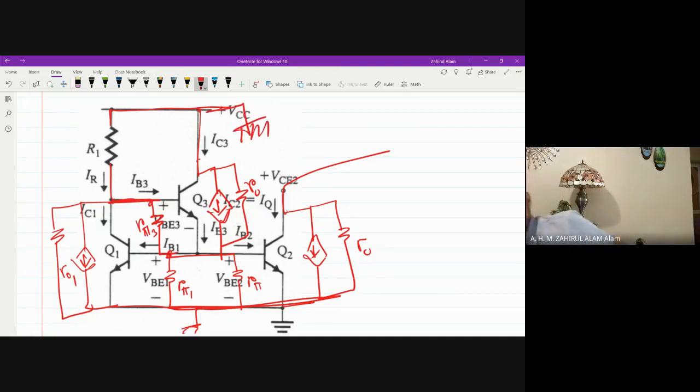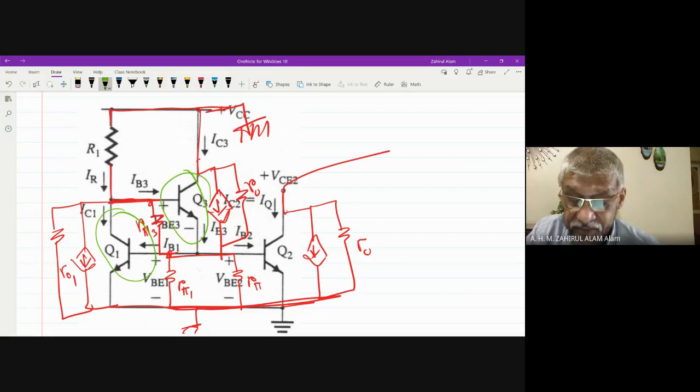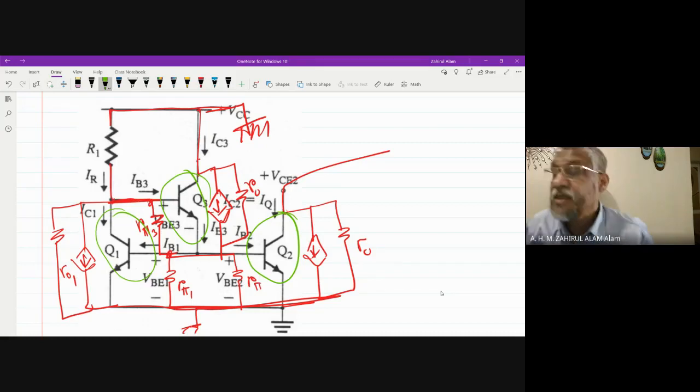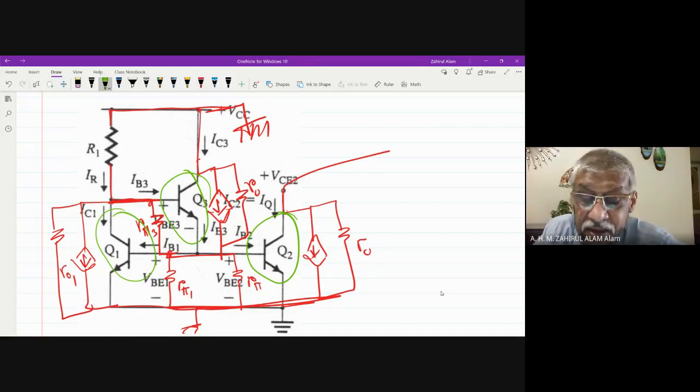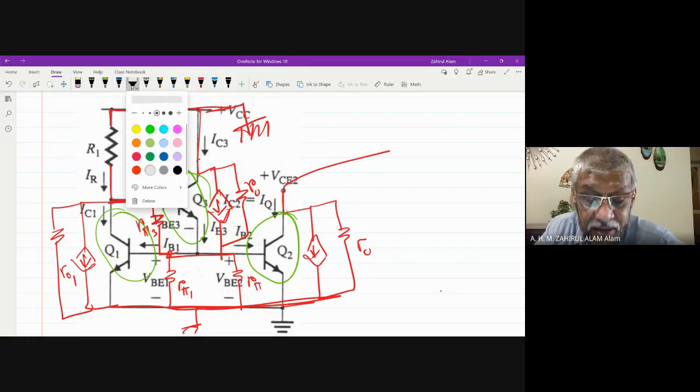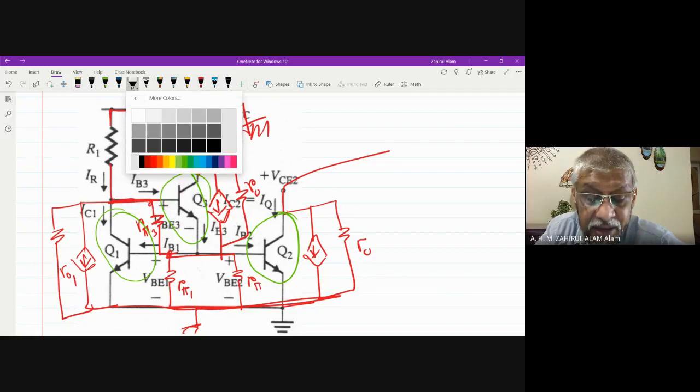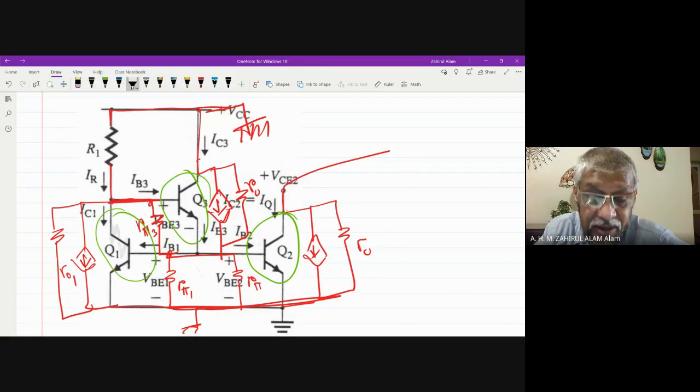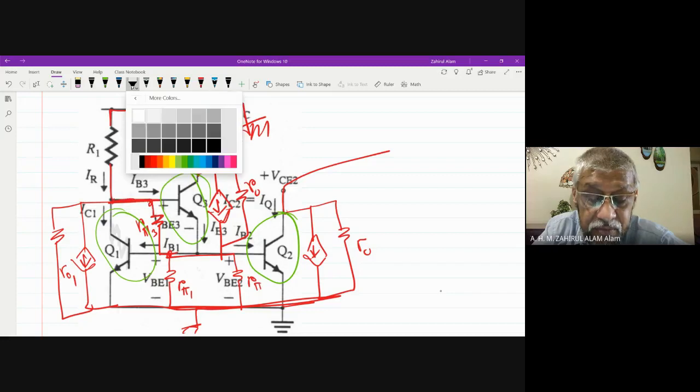So now this is the equivalent circuit after removing this. Now we need to erase this transistor by eraser, but I don't have the ink, so I cannot. I have the ink, but I cannot find the white color. Oh, white color is there. But this white color is showing gray.